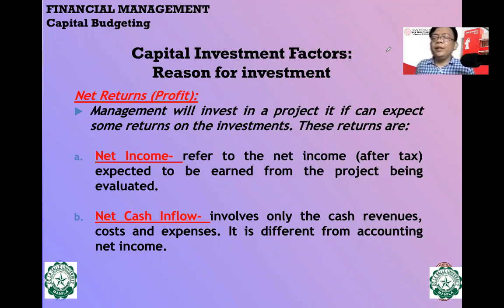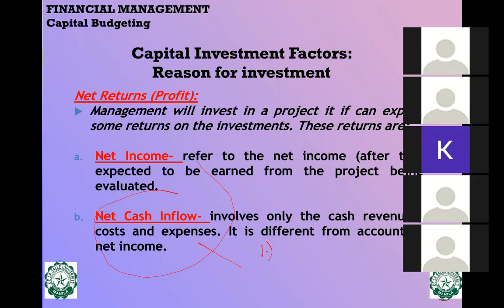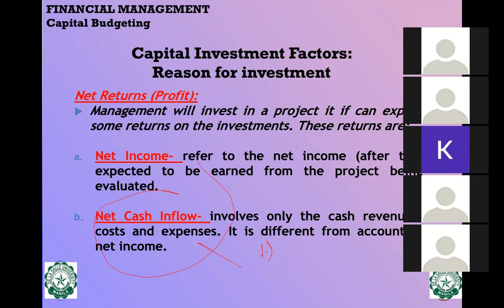It is different from the accounting income. Di ba? Ano nga sinabi ko last time? If you remember pa. Zarina, di ba? We use cash inflow saan? In number 1. Kalimutan na. Okay, how about yung iba? Mel De Vera, saan ba ginagamit yung cash inflow?